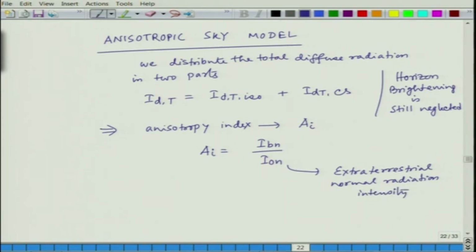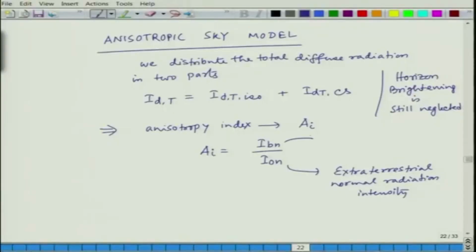O means outside the atmosphere, that means the extraterrestrial value, and it does not depend on whatever be the atmospheric condition, whatever be the weather condition, cloud is there or not, it does not depend on that.